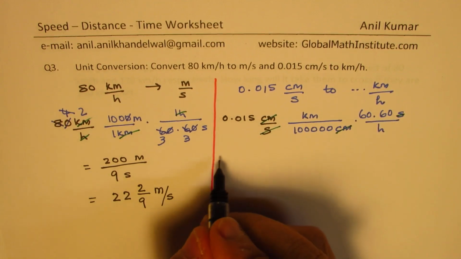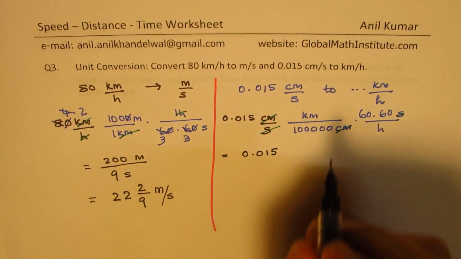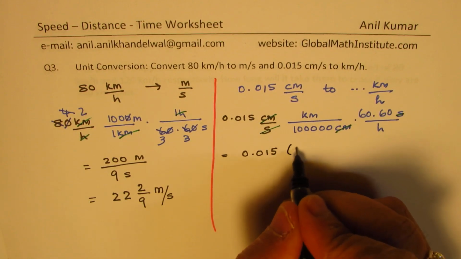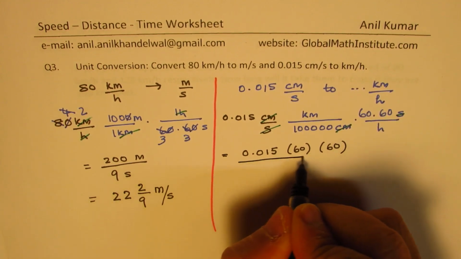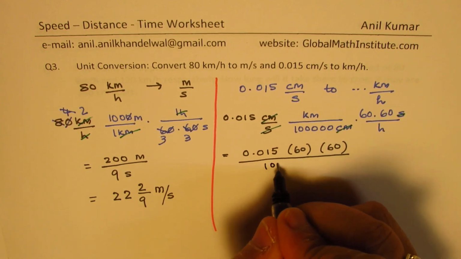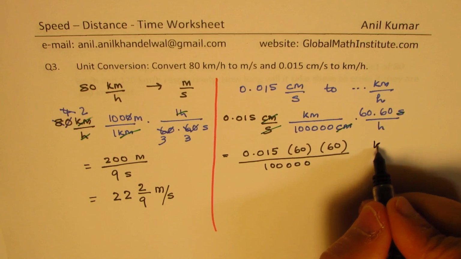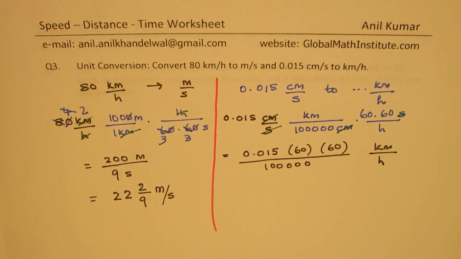So we could write this as 0.015. We got the unit here, kilometers. This is 60 times 60 over 1000 times 100, or 100,000, correct? Units, kilometers per hour. So we got the required units.